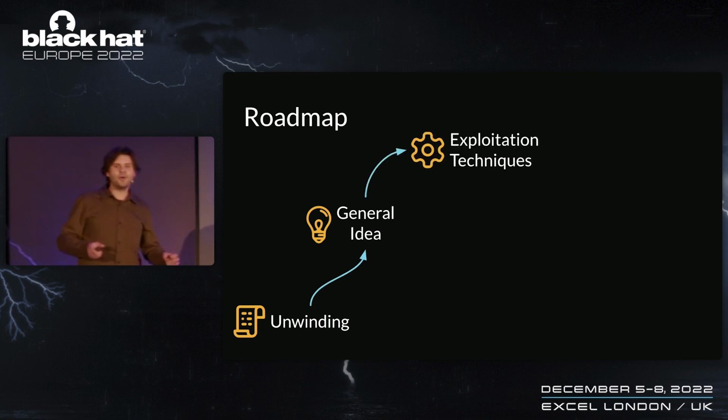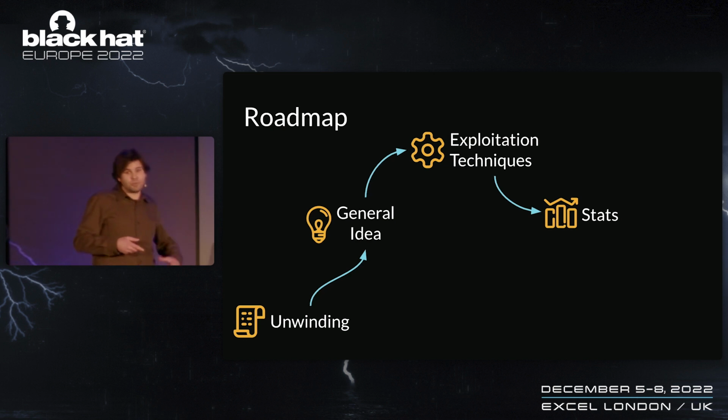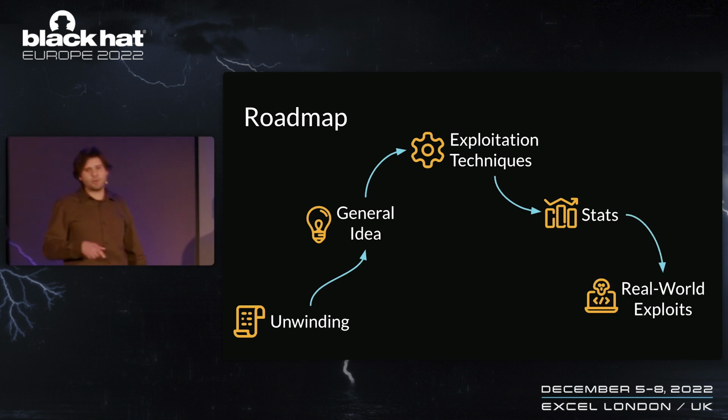Then we're going to show you more sophisticated techniques to leverage this CHOP attack to pull off stronger attacks, after which we're going to see the likelihood that this is indeed a serious issue by analyzing popular binaries from Debian, after which we're going to conclude this talk with a real-world exploit of a bug with a known CVE.